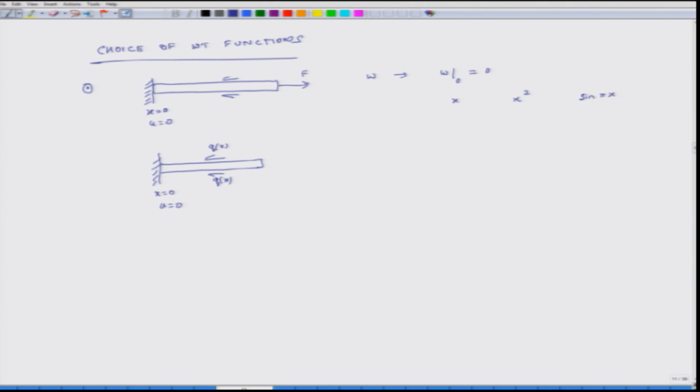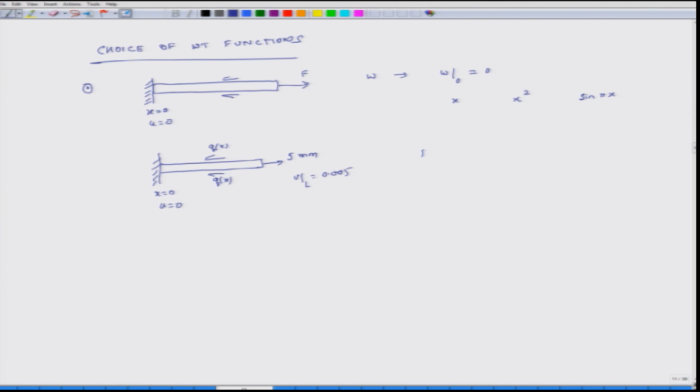this is the same case, but here instead of applying a force, I am displacing it, let us say by 5 millimeters. So, u at L is equal to 0.005. In this case, what is our primary variable?